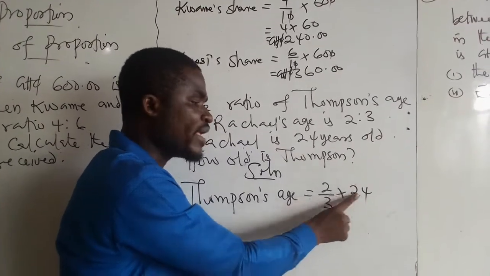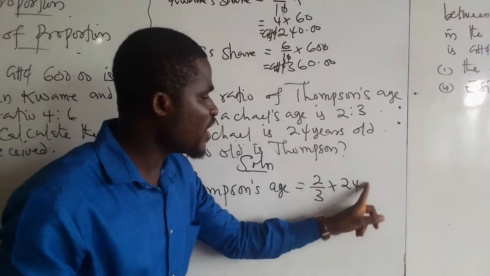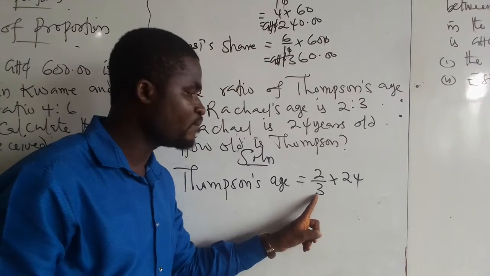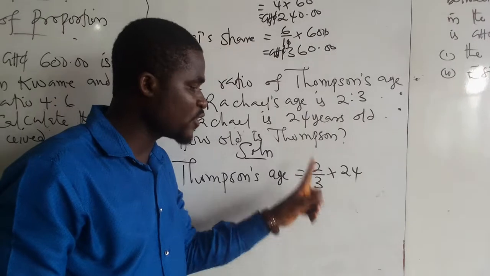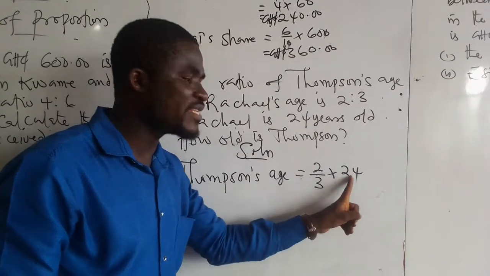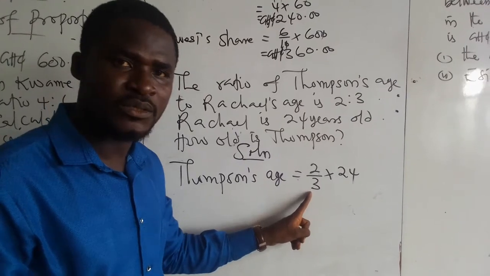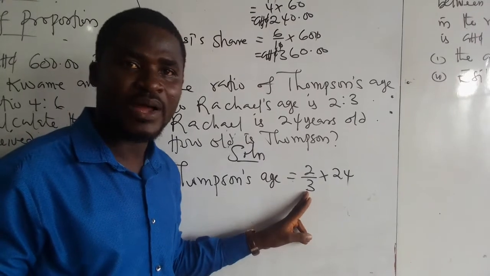But we know Rahel's age to be 24. So if that's the case, then 24 here should be equivalent to the number here. So the ratio of Rahel is equal to Rahel's age. That's why I got 3 here. So take note. You should know the difference between the first one and then the second one.